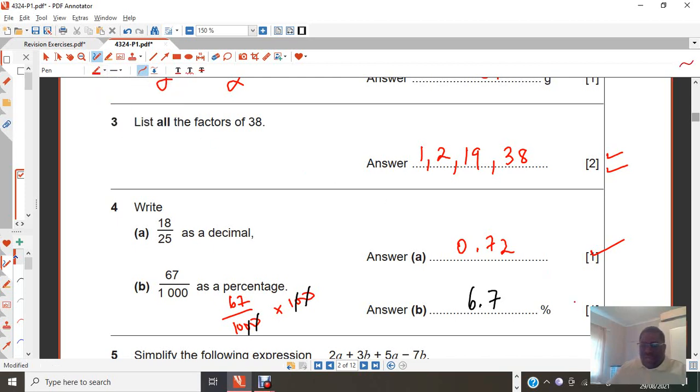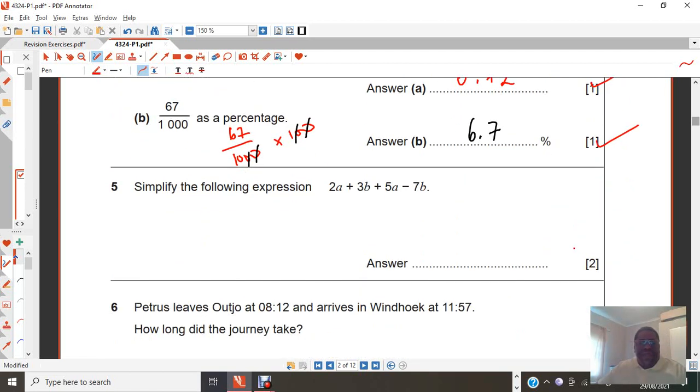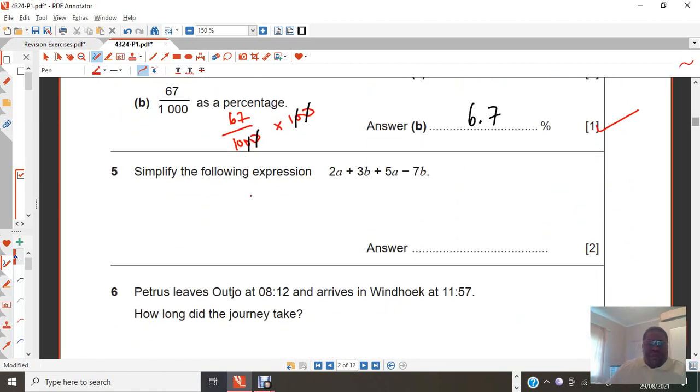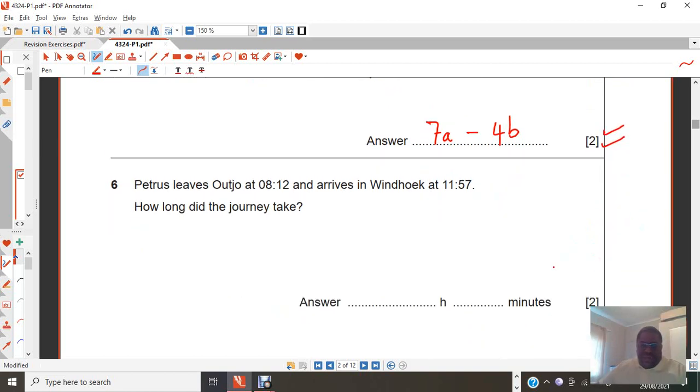You can also use a calculator to solve that particular question. B, you're supposed to simplify the following expression. So I'm going to take the like terms together. That's going to give you 7a. And when you take the 3b and the 7b, that's going to give you minus 4b. Just make sure that you get to that collecting of the like terms.